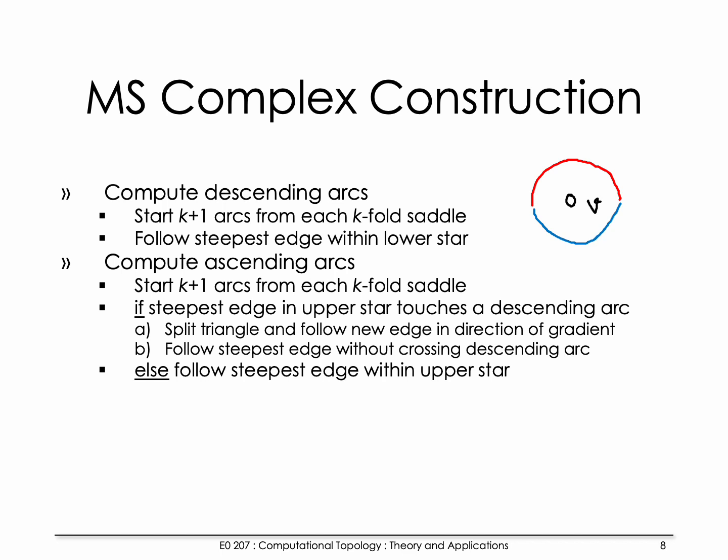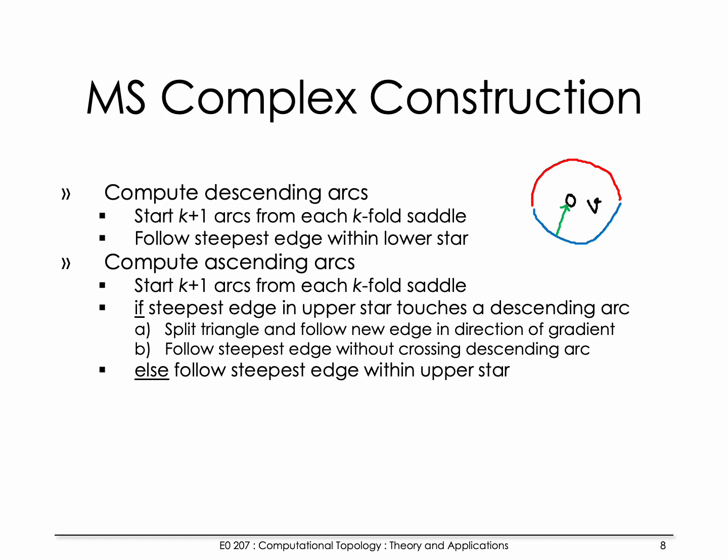Now, what we were saying is that there is an upward arc that is touching V, and we are extending it, right? So now we have to be a bit careful in the sense that we don't want to cross a descending arc.